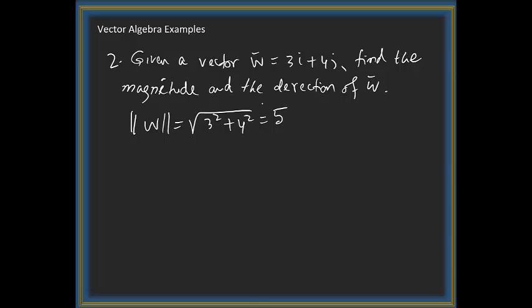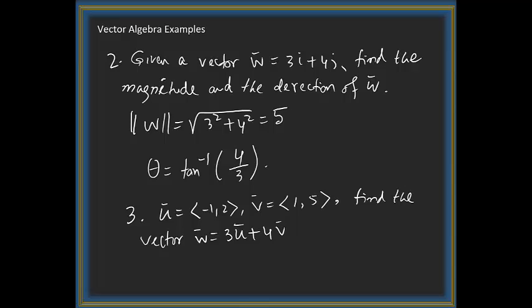That is the magnitude. Now the direction: we know theta will be tan inverse of y over x. Y is 4 and x is 3. So you can leave it there, or you can take a calculator and find approximate answers. But if we don't ask you to round it, take at least 4 decimal places.